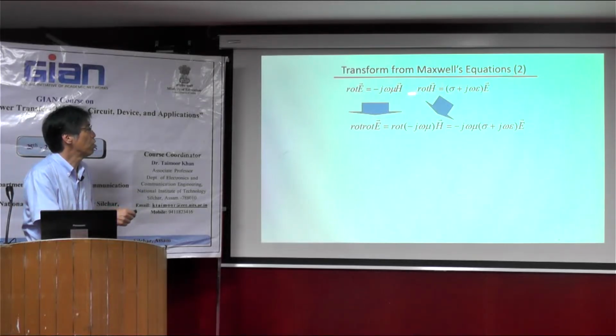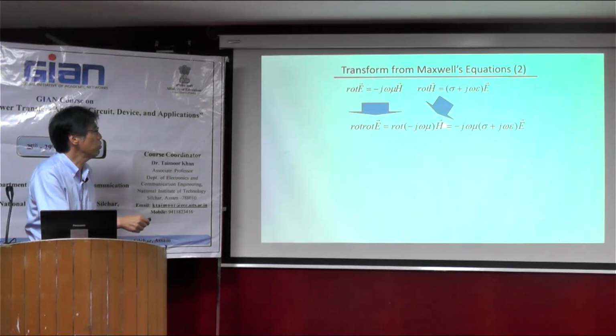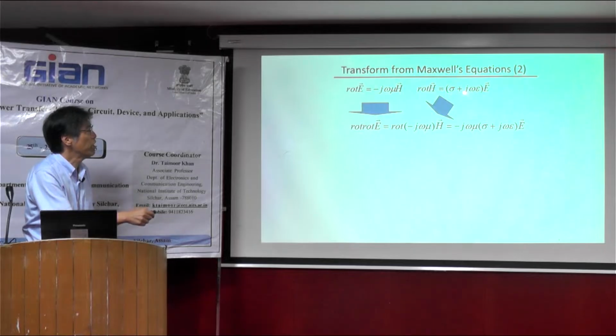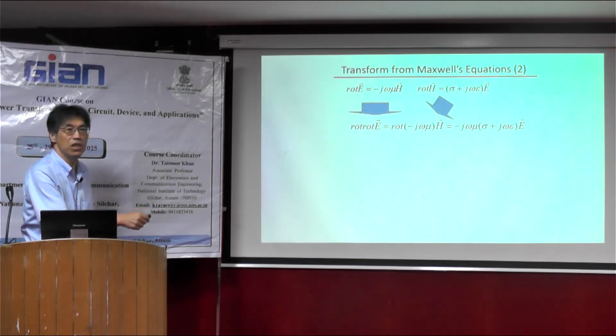So here you can see the H, and we multiply by rotation again on this left formula. So rot rot E is the left term. And this right term becomes rot of minus jωμH, and rot H is equal to (σ + jωε)E.